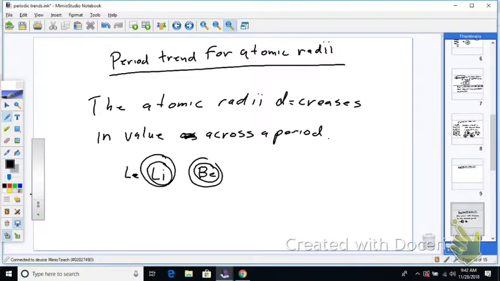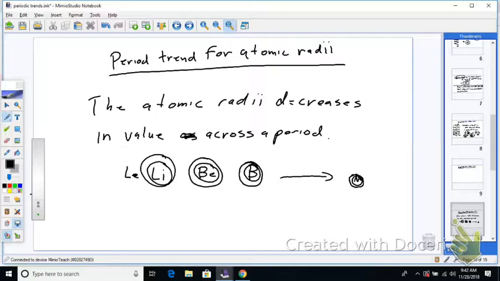Then boron, and we'll make that one a little bit smaller. Then we keep going until we get to the end, at neon, and it's that size, let's say. I'm just doing it in red. So you see how it gets smaller?